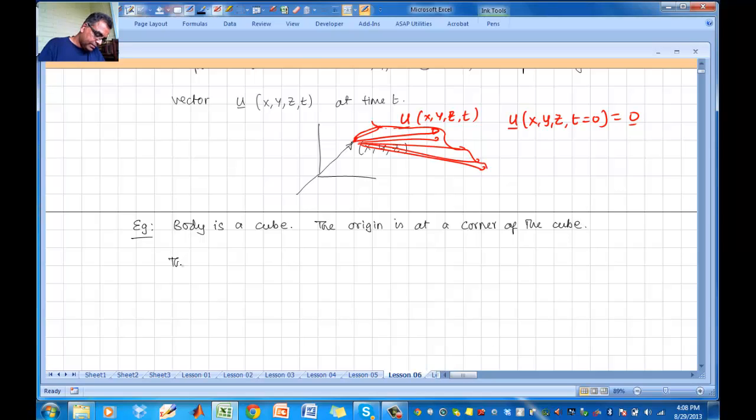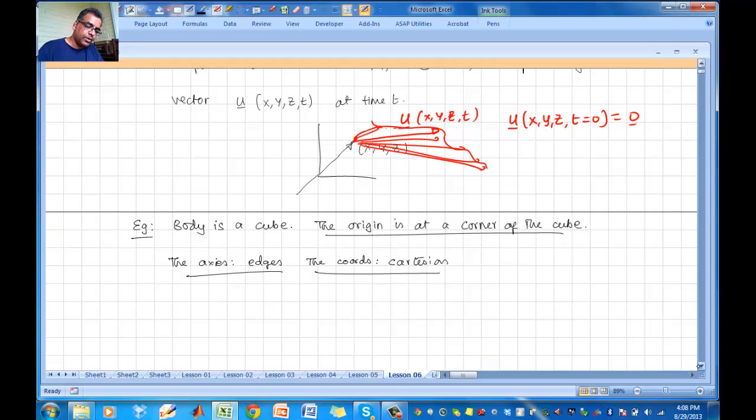The axes are along the edges, and the coordinate system is Cartesian. You better list these three things before you can describe a body.